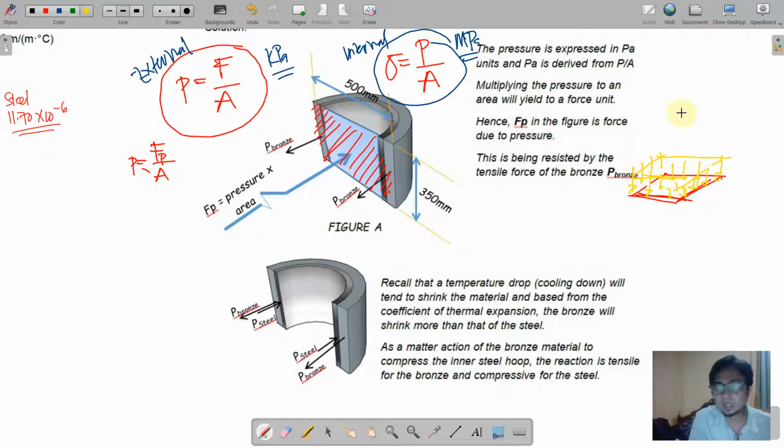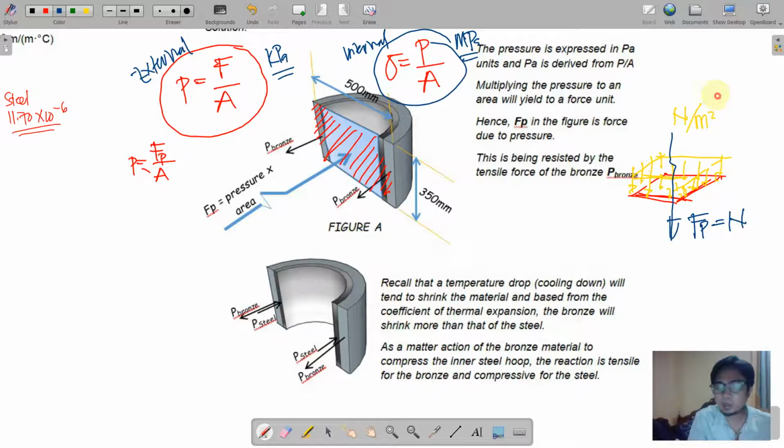Kaya nga, yung Newton is being divided by square meter, or this is force all over area. So, ngayon, if you wanted to have the overall effect of it in terms of a certain force, so this is force due to pressure, this is expressed in Newton.